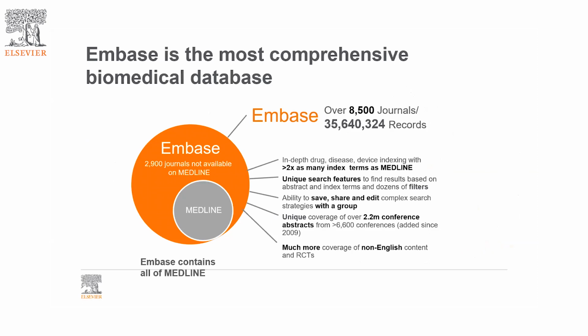from a lot of journals, and also more than 2 million conference abstracts. All content of Medline is included in Embase, and, very importantly, non-English content is covered by Embase much better than by Medline.